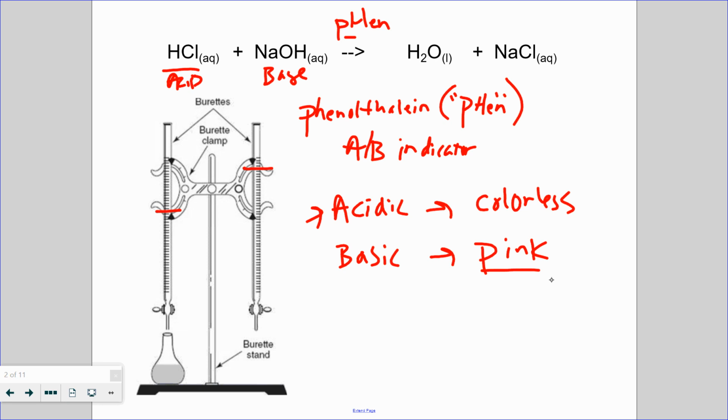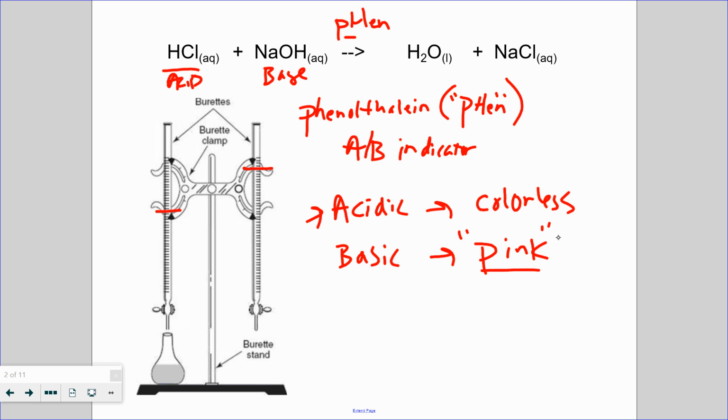And so now I'm going to add a little bit more sodium hydroxide, like one drop at a time, until the solution just becomes the slightest non-colorless pink. And at that point, I'm pretty sure that I'm right at the equivalence point. And so that's how I'll know what the equivalence point is.